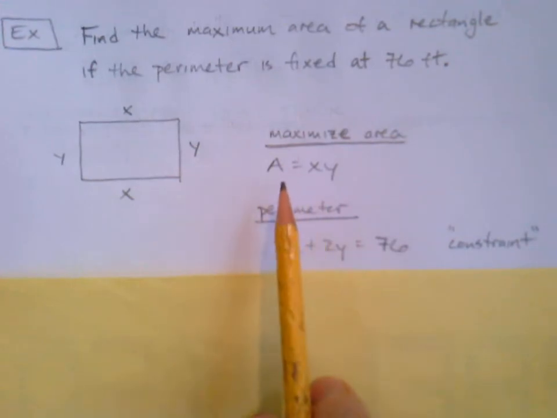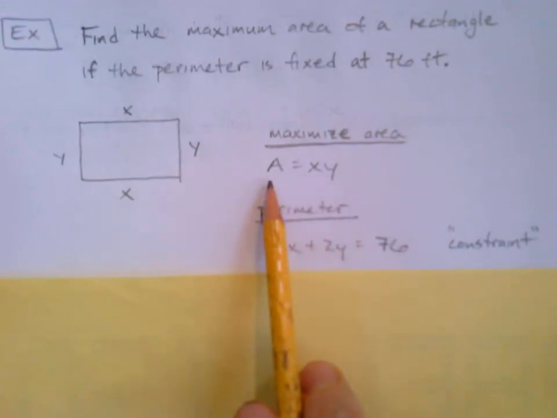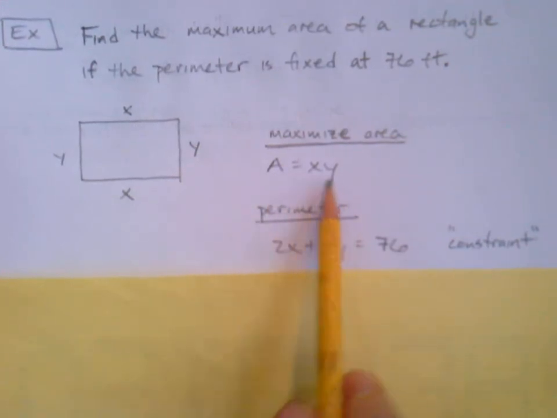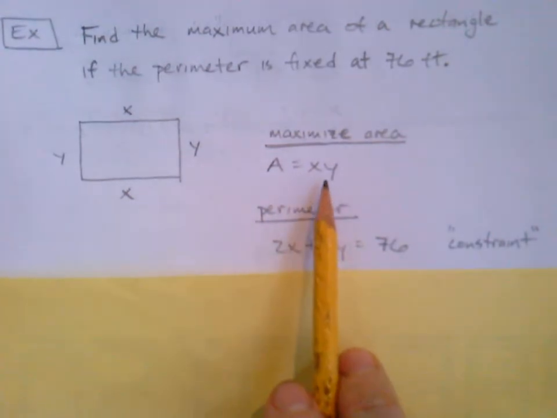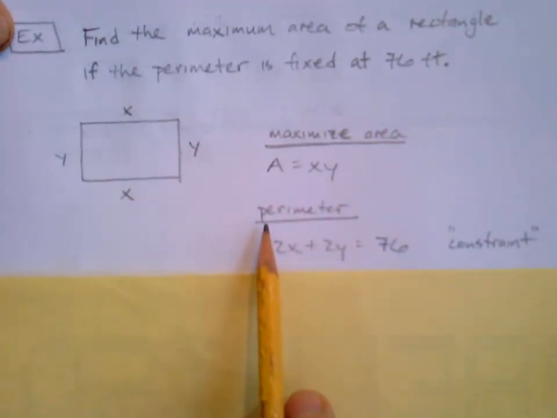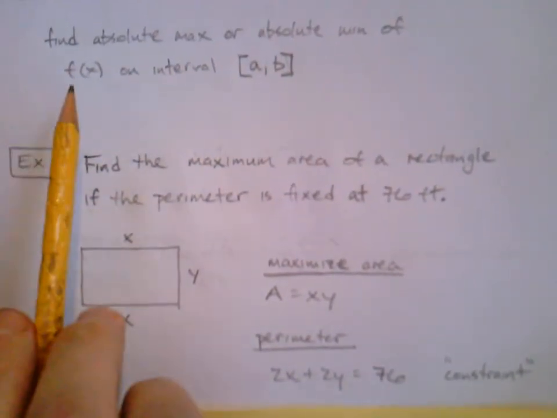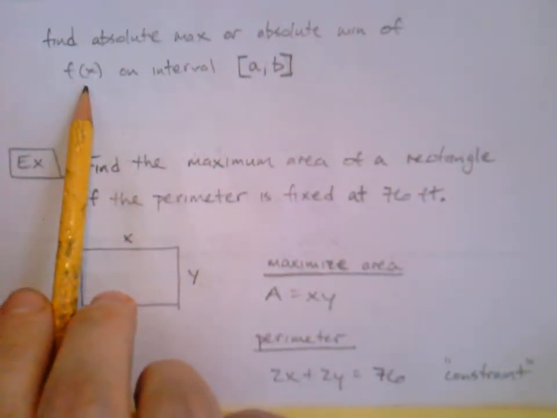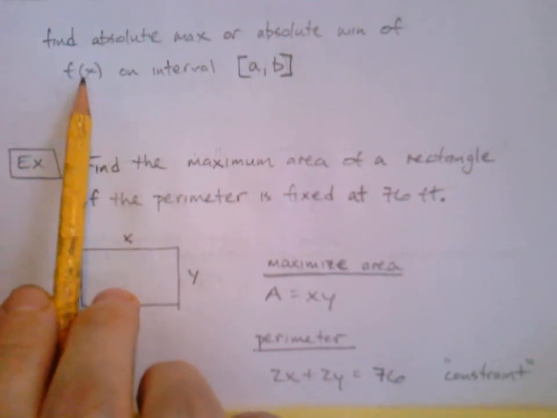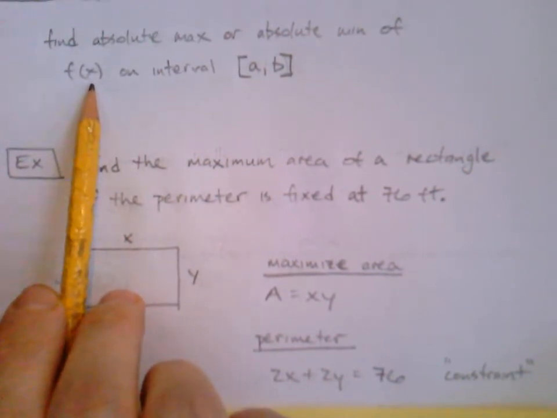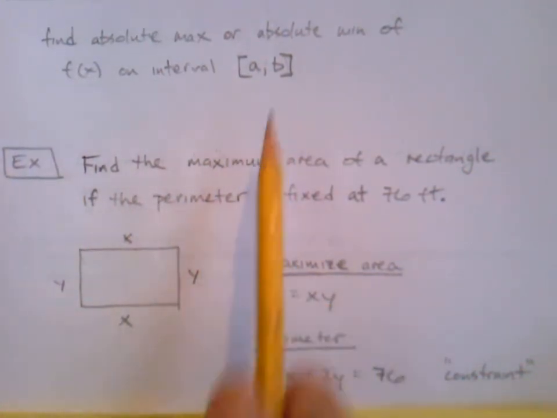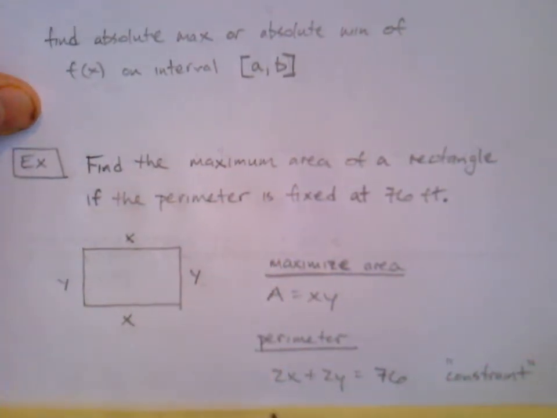Okay, so here's what we're going to do. You notice that the thing we're trying to maximize, the area, has two variables. That's not good, right? If you look back at what this is all based on, absolute maxes and mins, we try to maximize or minimize a function with just one variable, x, and it's got an interval. So we're working towards that.